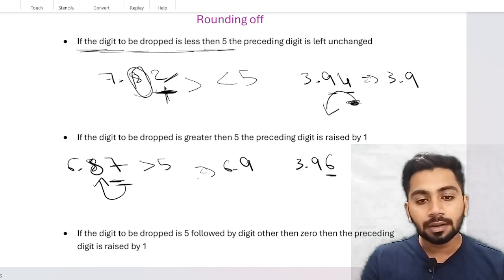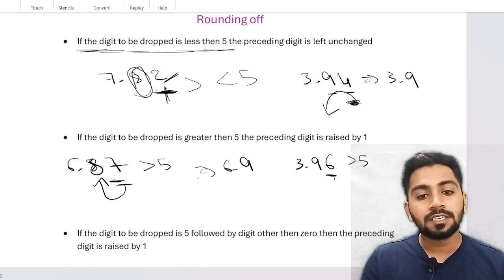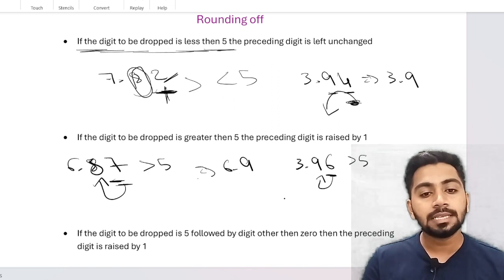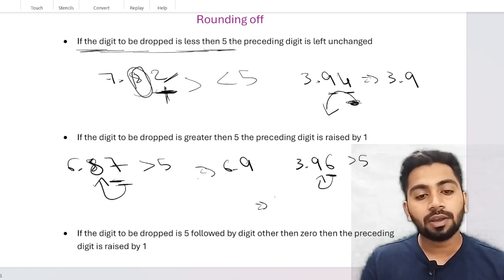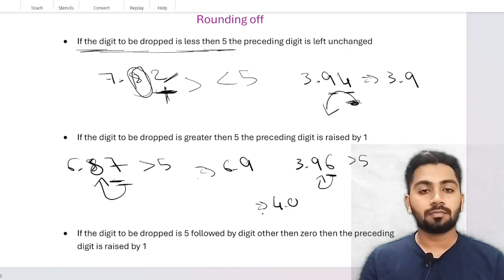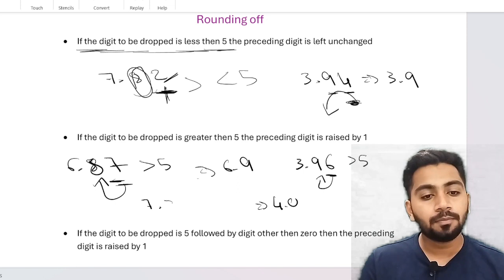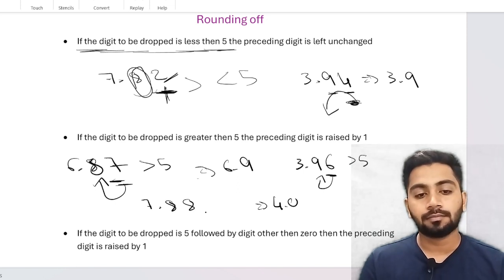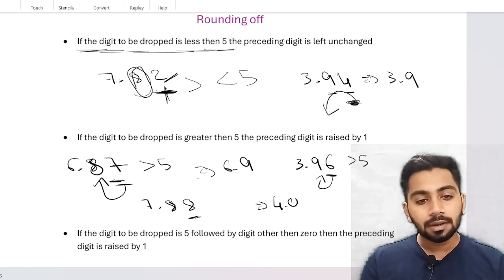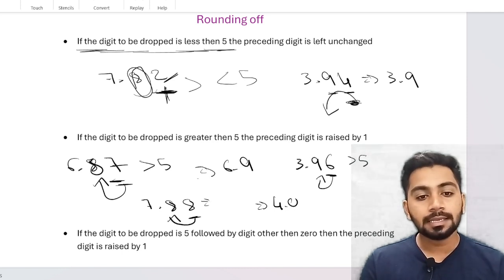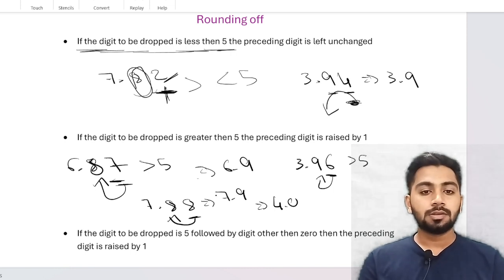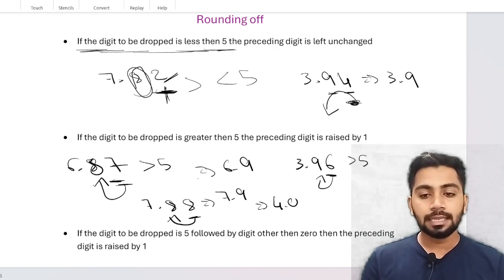Now this digit is greater than 5, which means the previous number is increased by 1. 3.5 becomes 4.0. Or you can even say 7.88. This digit is greater than 5, which means the previous number increases by one. So simple.